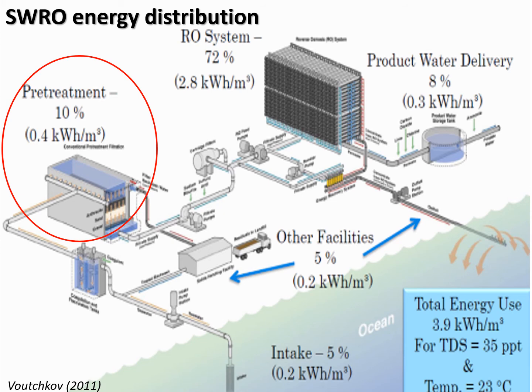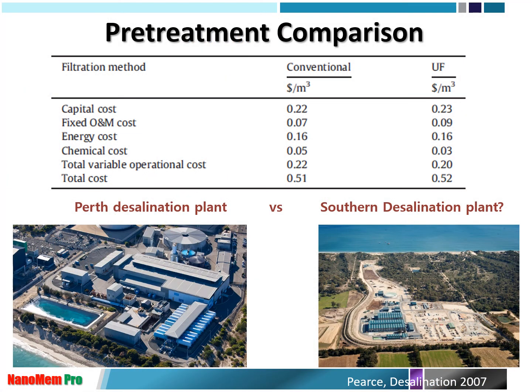So let's look at the pretreatment. The 0.4 kilowatt hour per cubic meter, how much we can save. So this is one of the most typical pretreatment processes. Conventional, which means dual media filtration or sand filtration or anthracite filtration, and advanced pretreatment is ultrafiltration.